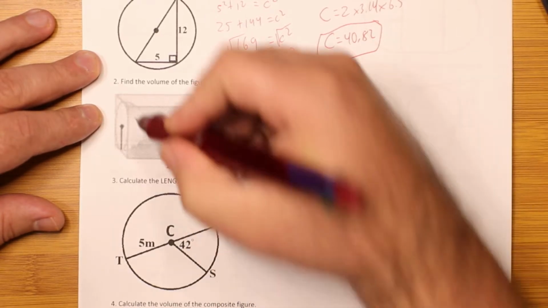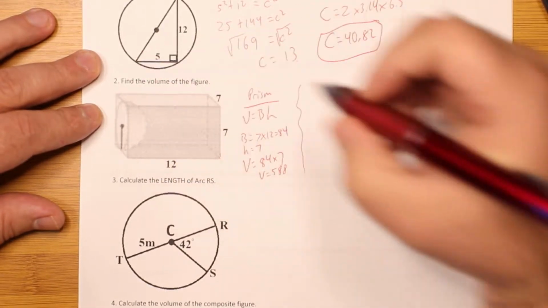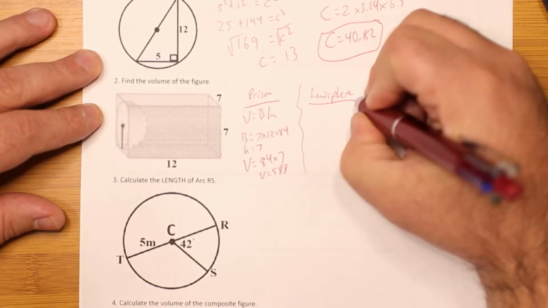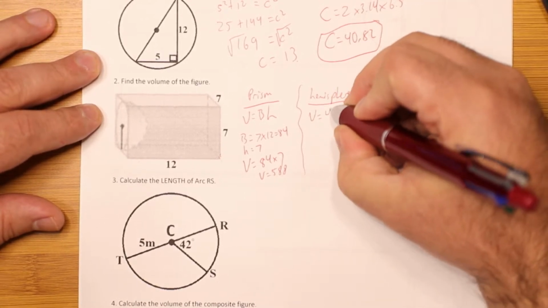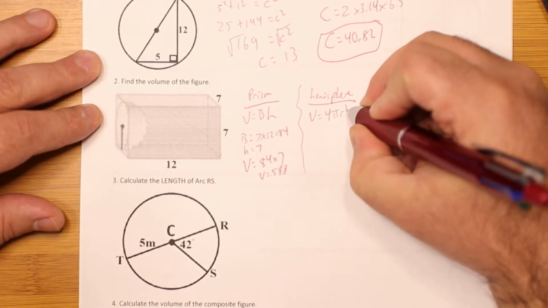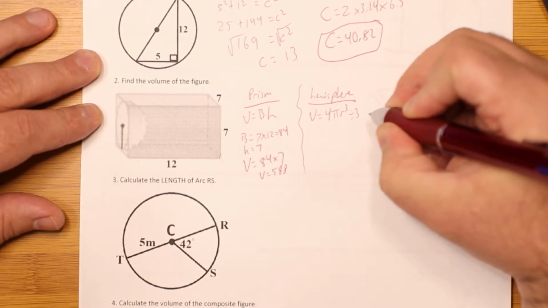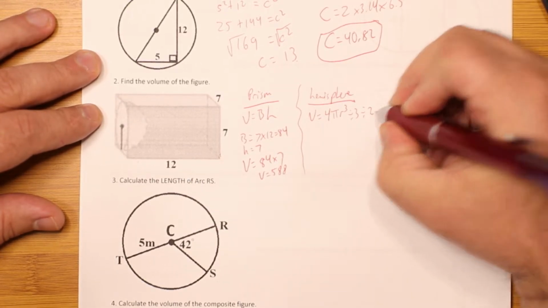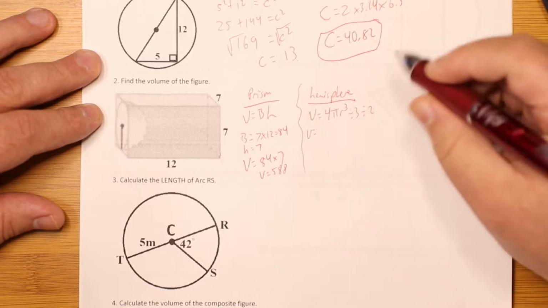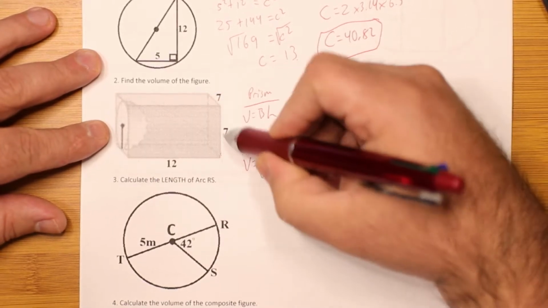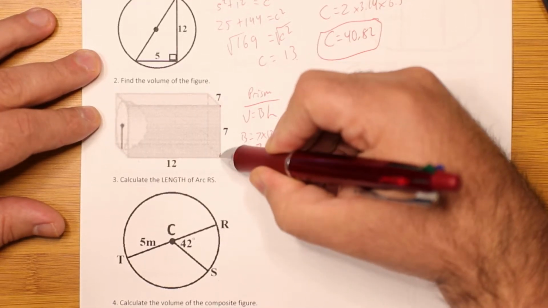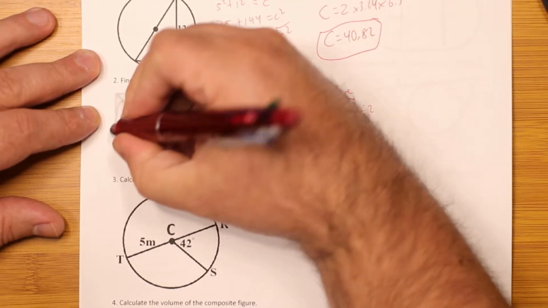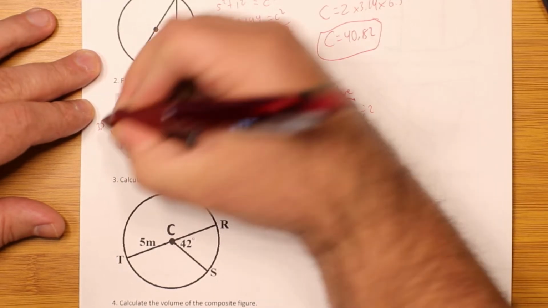Then we have to find the volume of this hemisphere. The volume of a sphere is 4 pi r cubed divided by 3, and since it's only half of a sphere, we divide by 2. The radius right here is not 7, because 7 goes from the very top to the very bottom, so that would be a diameter. The radius is going to be 3.5.